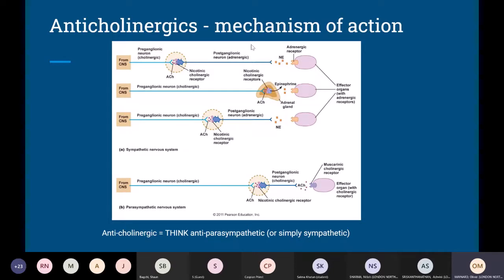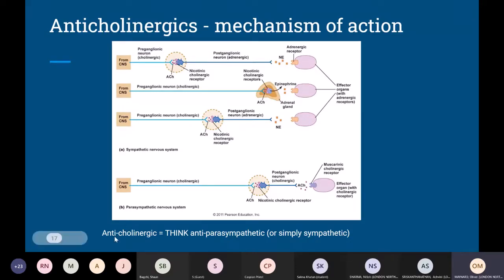However, postganglionic, the sympathetic nervous system tends to use adrenergic neurotransmitters like noradrenaline and adrenaline, whereas the parasympathetic postganglionic neurotransmitter of choice is acetylcholine again. So anticholinergics act on the acetylcholine receptors on postganglionic neurons, so they mostly affect the parasympathetic nervous system and block transmission of that neural impulse.